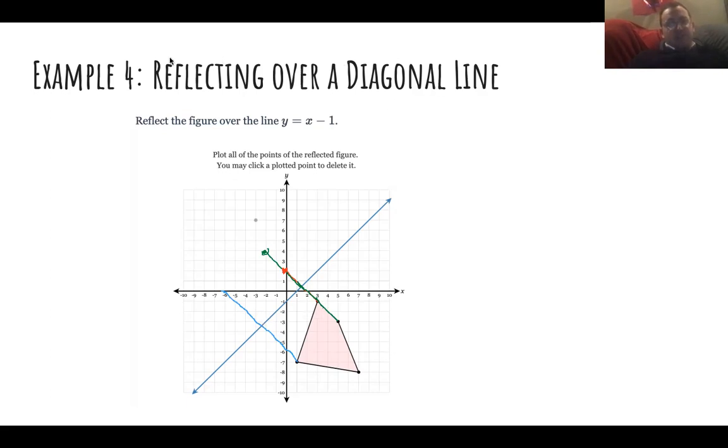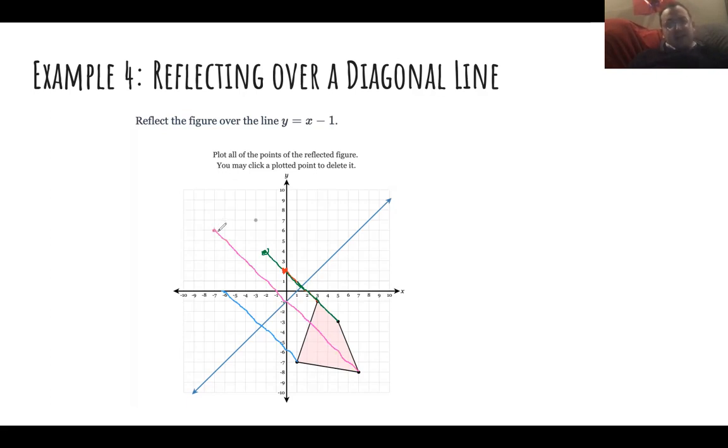And then last but not least, we have the most involved one. We'll go pink on this one. So I'm going to go 1, 2, 3, 4, 5, 6, 7. So I went 7 diagonal, and I'm going to go 7 diagonal in the other direction. So I got 1, 2, 3, 4, 5, 6, 7.